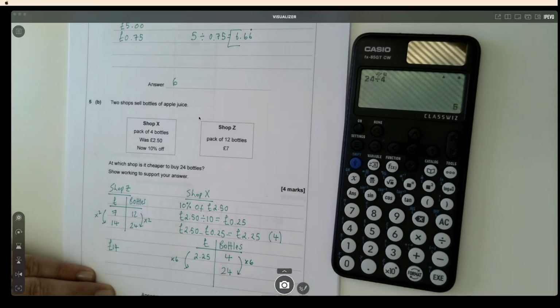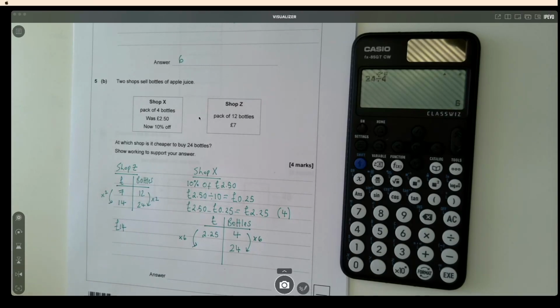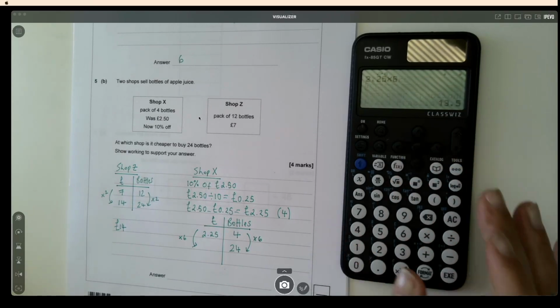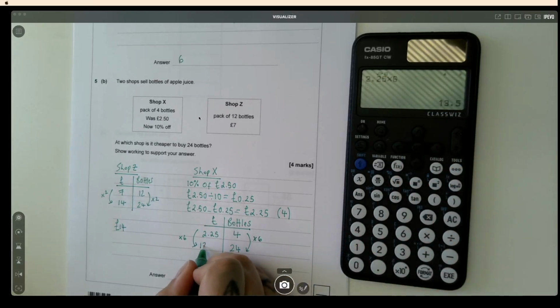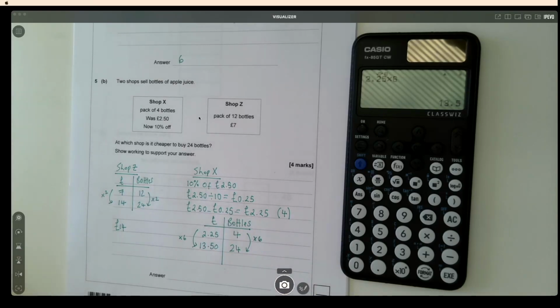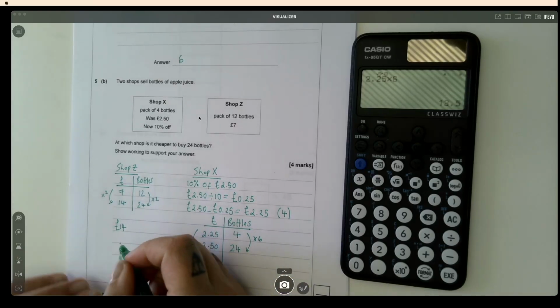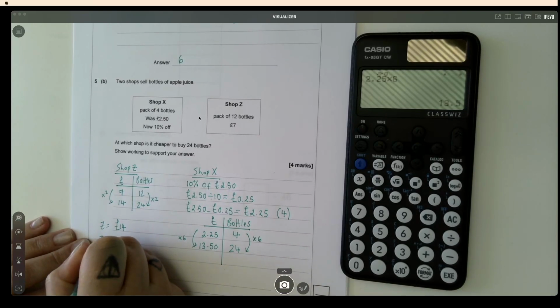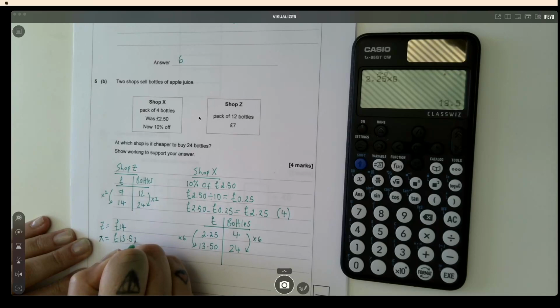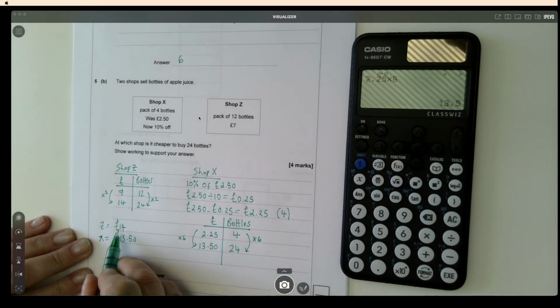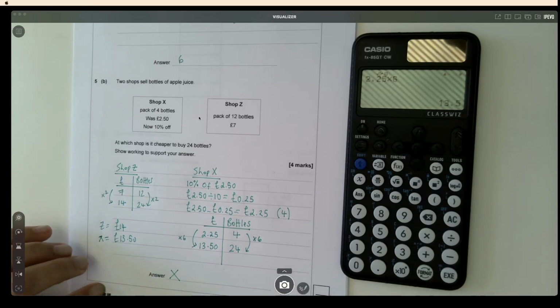So we need to do that on the other side to find out the total cost in shop X. So 2.25 times by 6 is £13.50. So shop Z is £14 and shop X is £13.50. £13.50 is less than £14, so it's cheaper to buy the bottles at shop X.